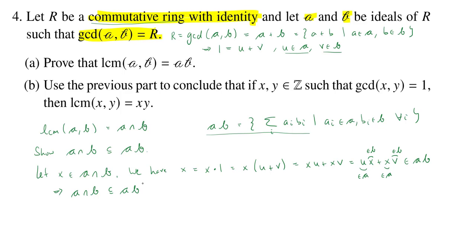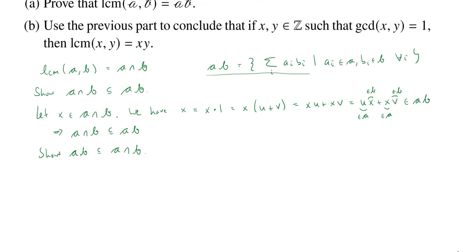All right, well, now we just need to show the other direction. And this is actually the easier direction. So now we're going to show that AB is a subset of A intersect B. Well, this actually just follows because of the absorption properties of ideals.